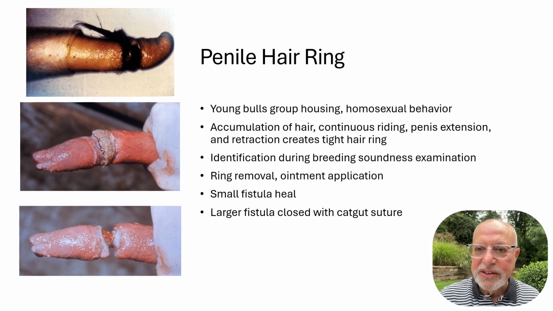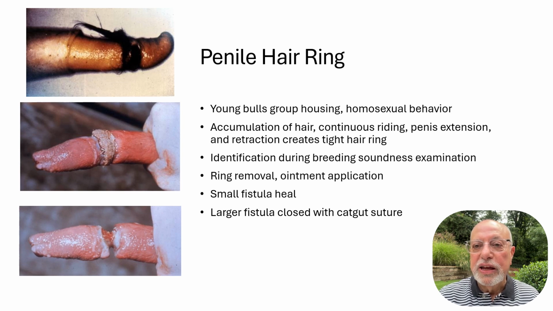It's easy to fix. All you have to do is, obviously, sedate this animal and cut this ring, and then visualize it carefully to see how deep it has gone in. If it's a small fistula, then you may be able to just clean it up and put some antibiotic ointment, give them some sexual rest, and they recover.